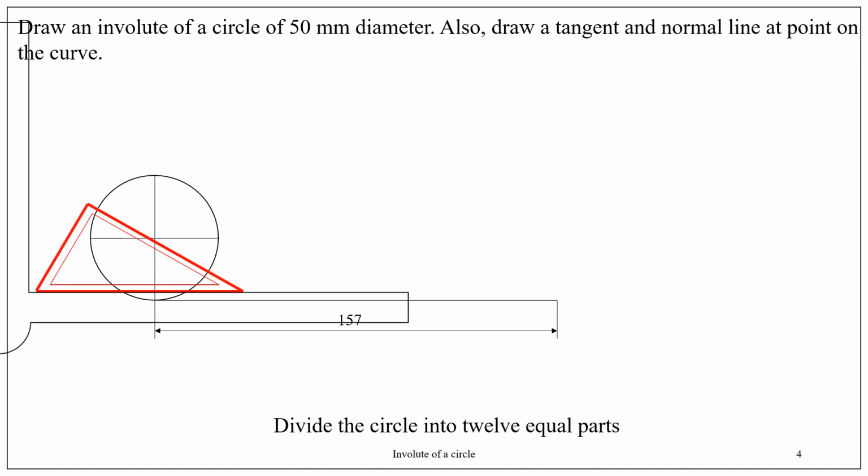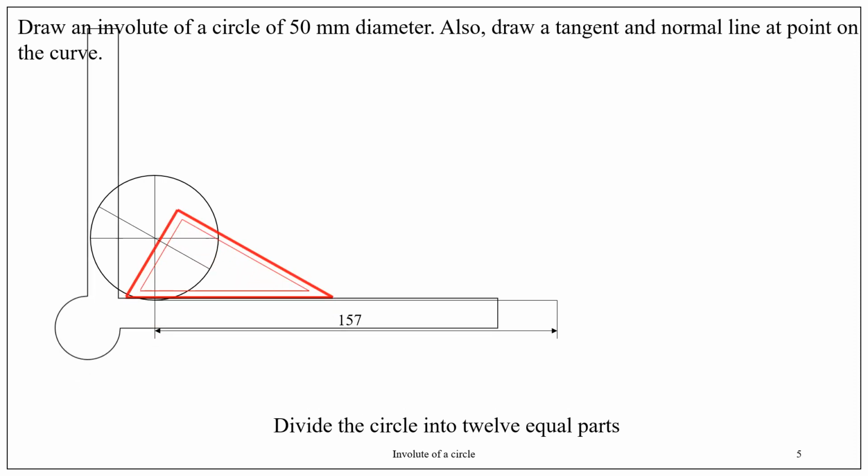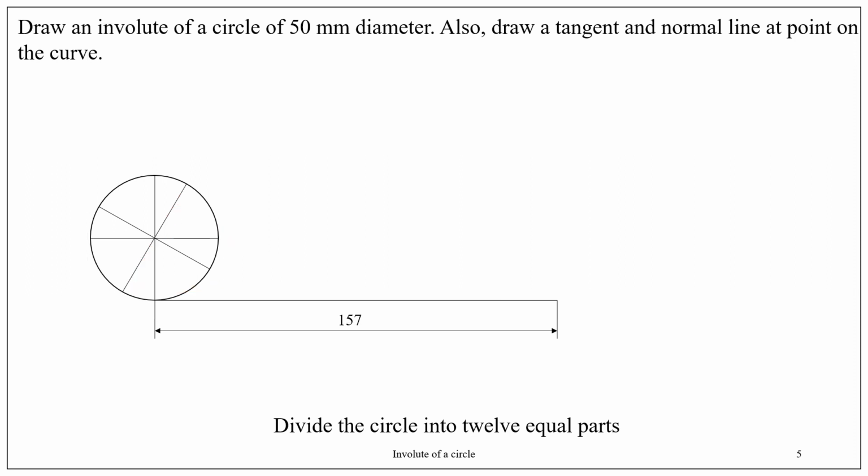Next, use the long edge of the 30-degree set square and draw a line. Use the short edge of the 30-60 set square, draw a line passing through the center of the circle.